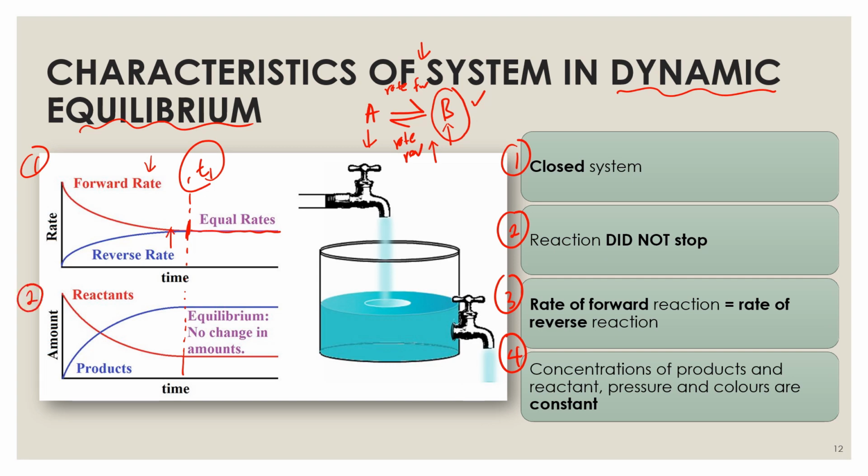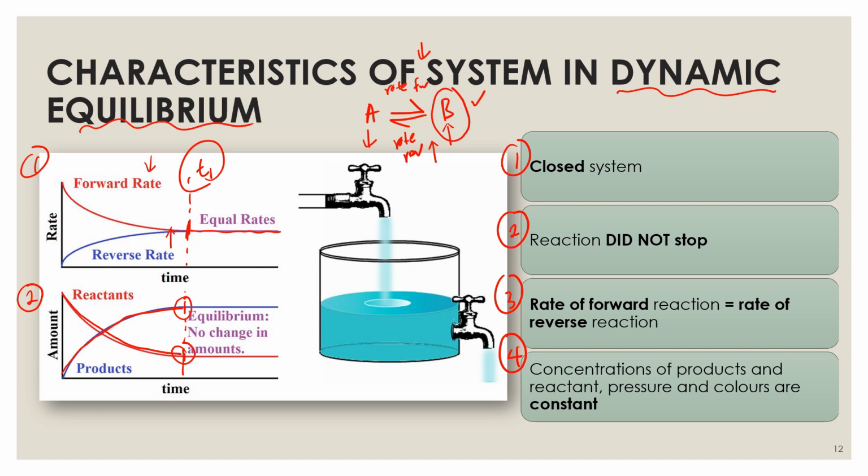And in the second graph, we can see that the concentration of the reactant will decrease until time T1, and the concentration of the product will keep increasing until time T1. So, apabila this reaction has achieved time T1 over here, which is masa di mana sistem telah pun mencapai dynamic equilibrium, we can observe that there will be no change in the concentration of the reactant and product.